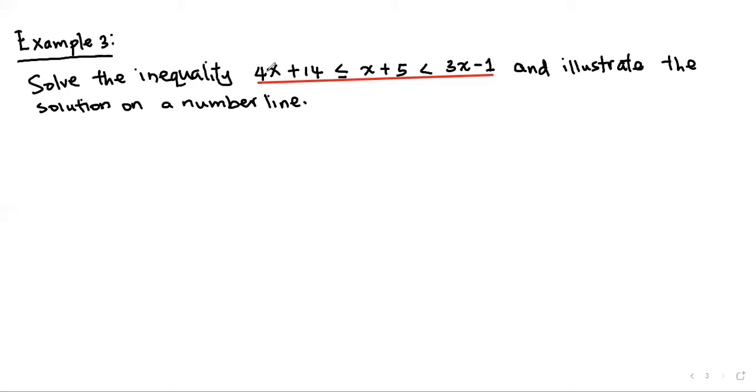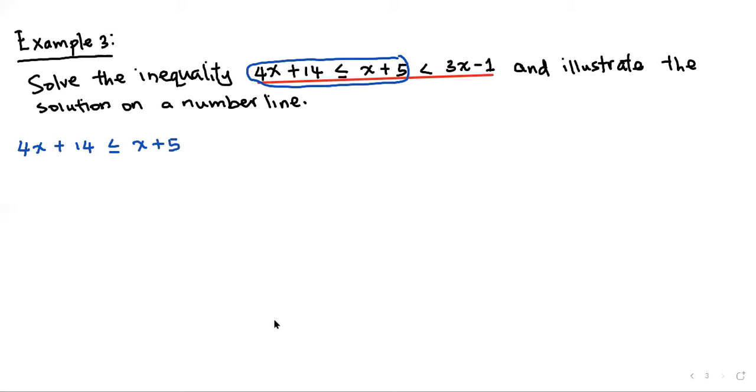We have 4x plus 14 is less than or equal to x plus 5. Let us first write this alone. You need to be very careful here. So we write that as 4x plus 14 is less than or equal to x plus 5.